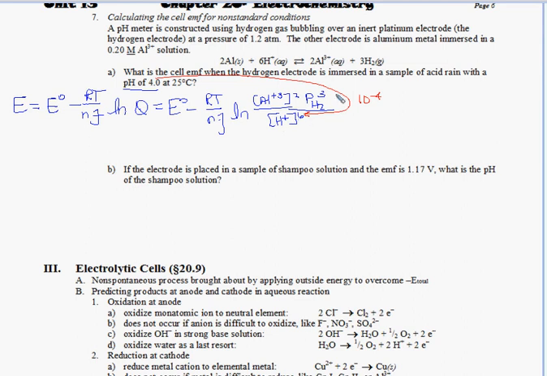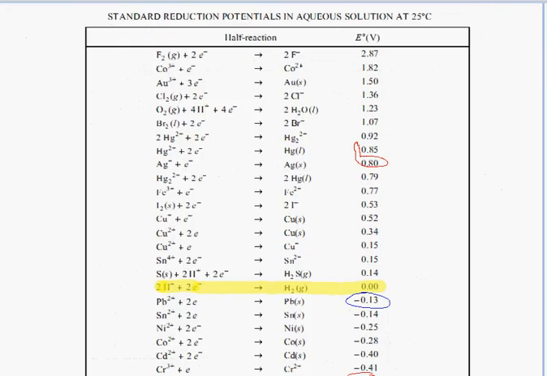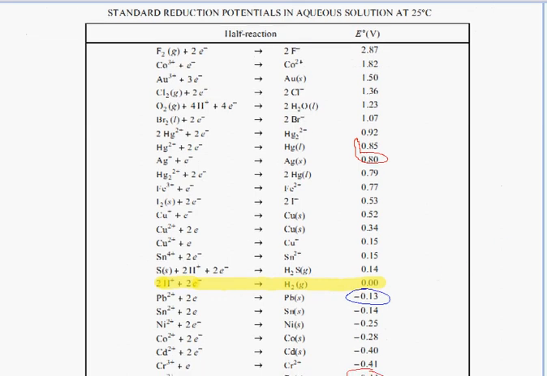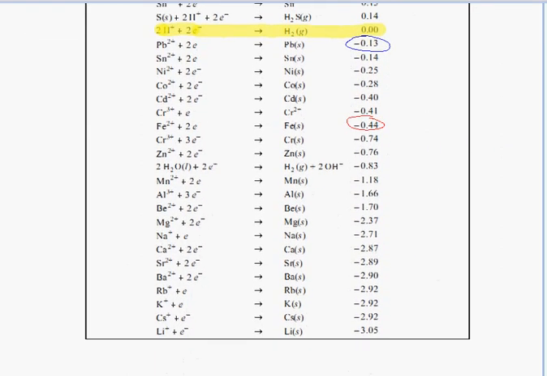As you look at this then, we can do some work with E naught. So let's go back to our reduction table. As we look at it, we will remember that the hydrogen ion is the reference cell, so it's a 0. But down at the bottom, we have our aluminum reaction.